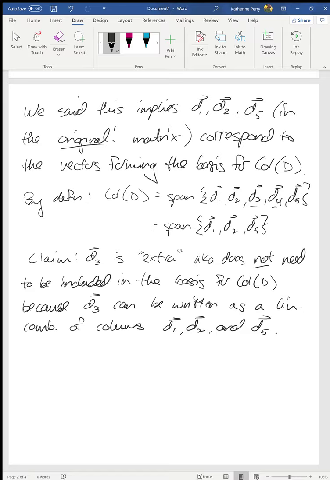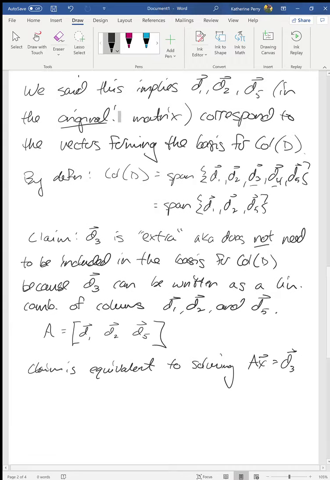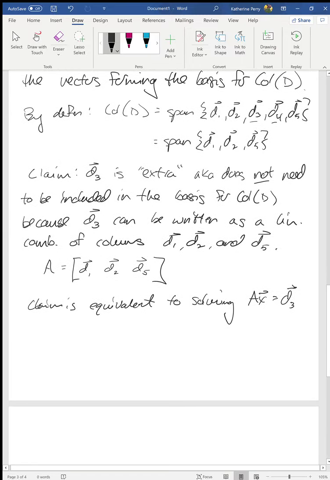So let me let a matrix A be equal to D1, D2, and D5. Then this claim is equivalent to solving AX equals D3.